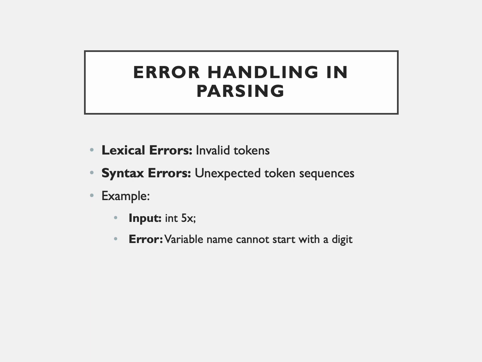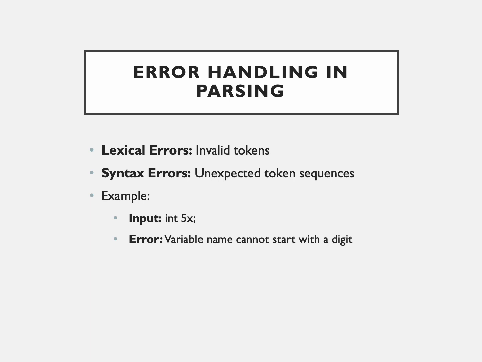Lexical errors arise during lexical analysis and are typically caused by invalid tokens. For example, if an illegal character or symbol is used in the source code, such as @ in a variable name, the lexical analyzer will flag it as a lexical error.